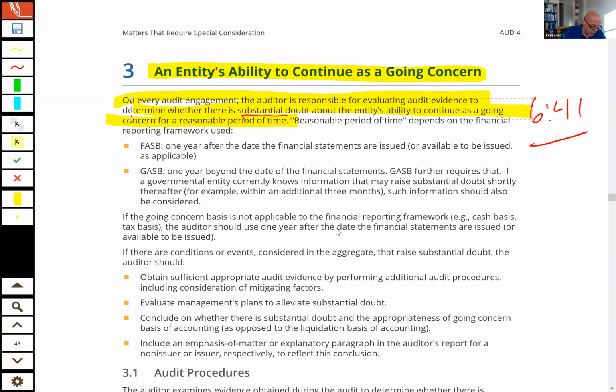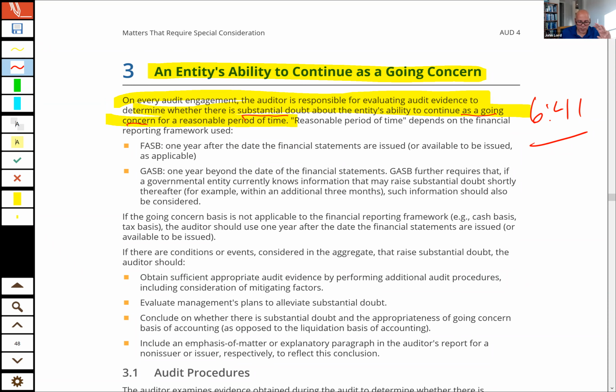And I underscore the phrase substantial doubt and going concern here because those words would have to appear in the auditor's report. It will not result in a qualification of the opinion. It doesn't result in a modification of the opinion at all.